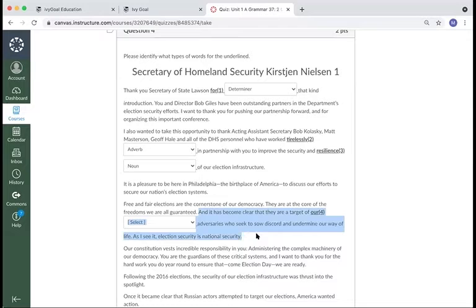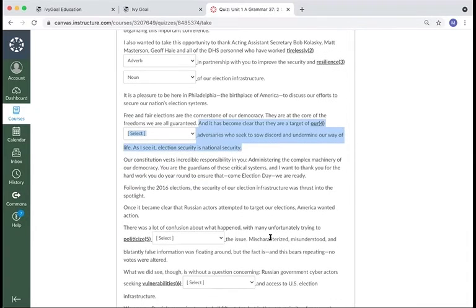Okay, Alvin. Our. Can I see the answer choices? I think our is an adjective. Okay, and an adjective would be describing a noun. Yeah.